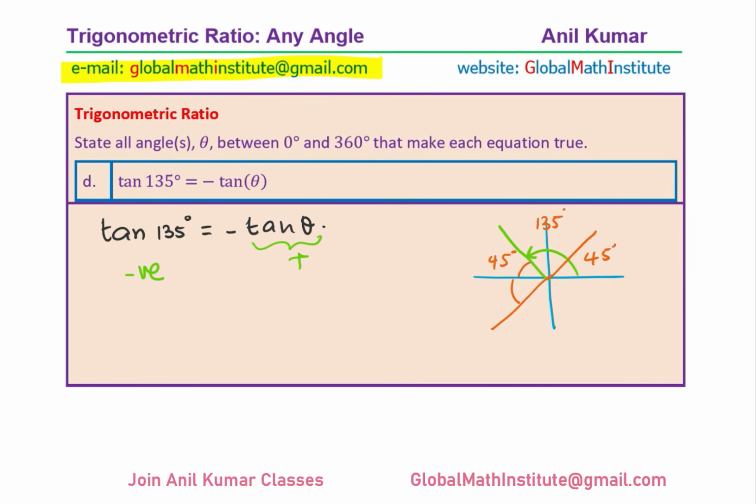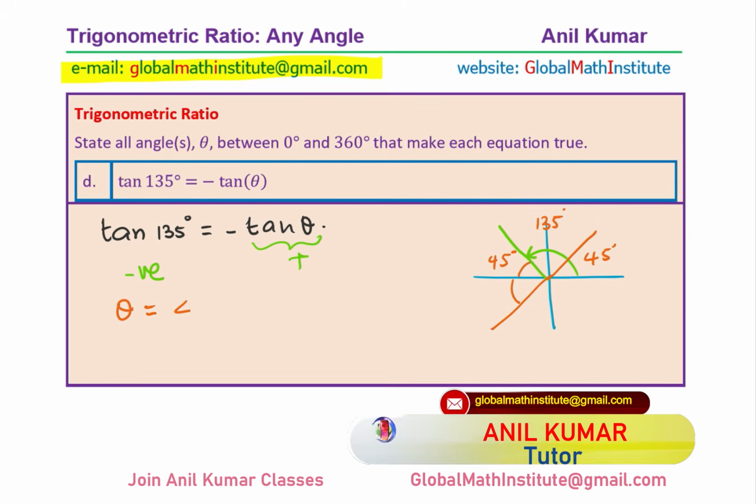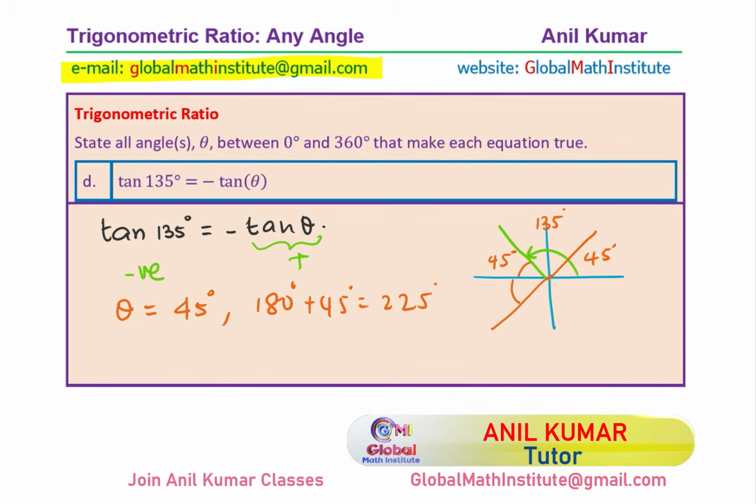Well, we have to make a negative of this. So if we get positive and negative, we get negative. And therefore, the angle theta should be either 45 degrees or 180 degrees plus 45 degrees, which is 225 degrees. Makes sense? So those are the two solutions for this particular case.